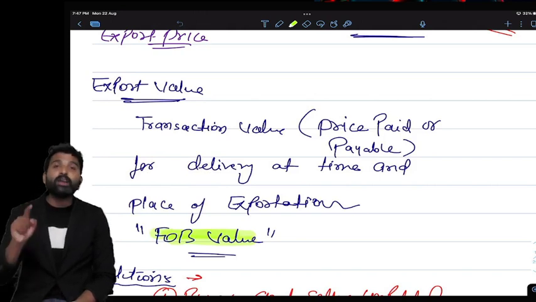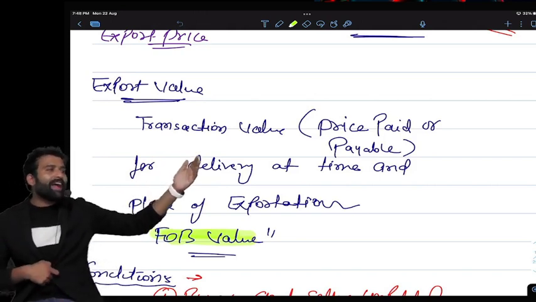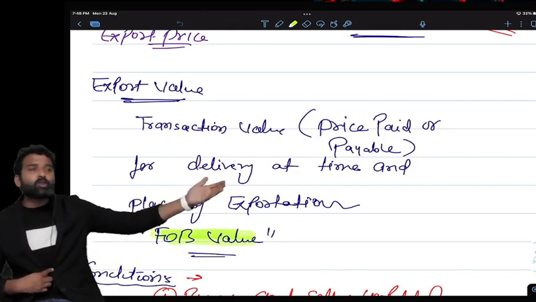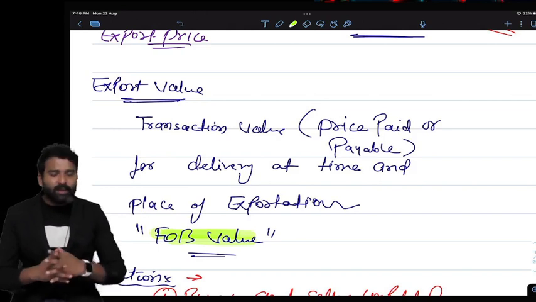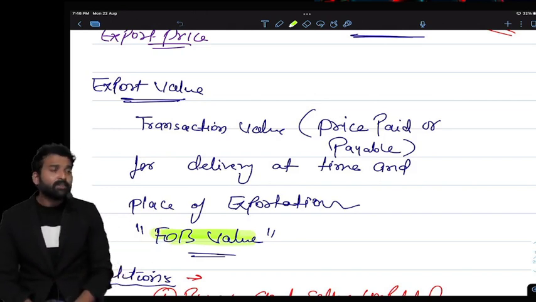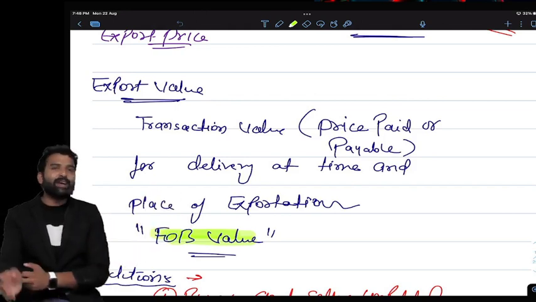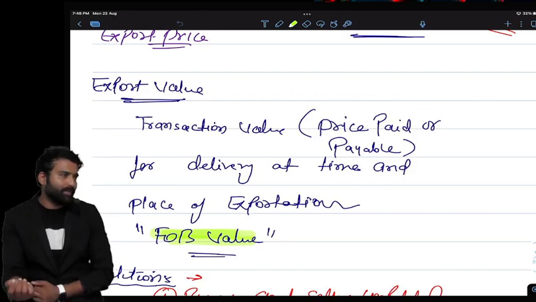That value is called FOB value. So when I'm exporting something, my export value means the cost of bringing that goods to the port of exportation. If I am exporting my goods from Mumbai, the cost of that goods till Mumbai will be called FOB value, and on that value I will be charging the export duty.